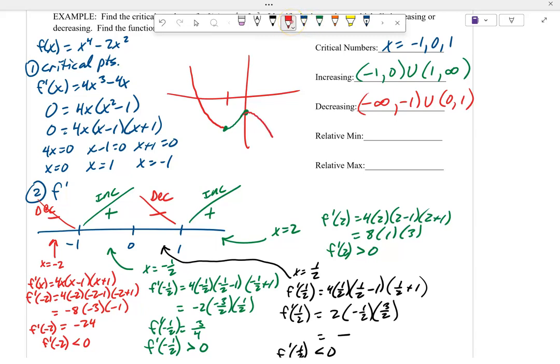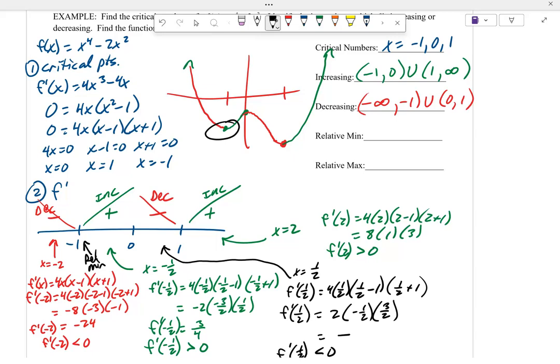And then we decrease again, I don't know how accurate this is, until 1. And then I increase again after that, right? Then hopefully you can see you've got a relative min right there. If I decrease and then increase, I'm going to have a relative min. I don't know if it's an absolute or not, but I do have a relative min right there.